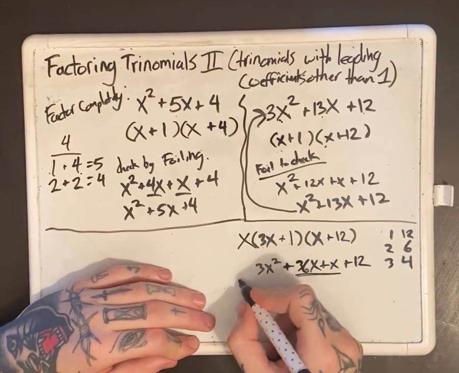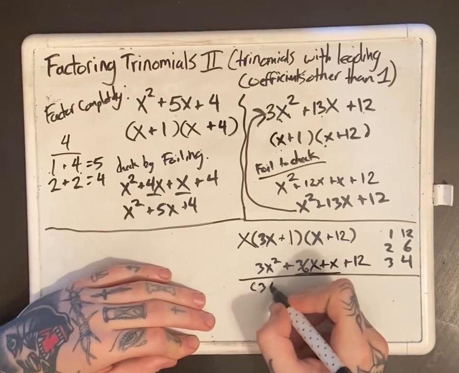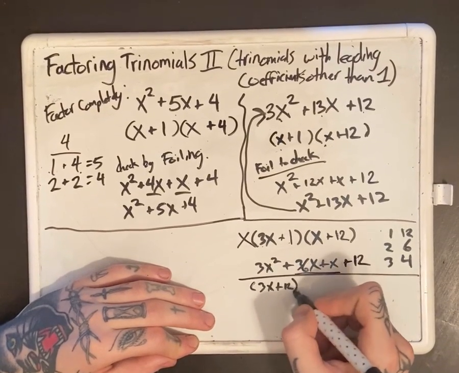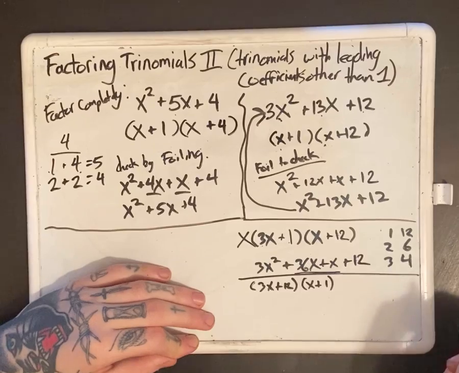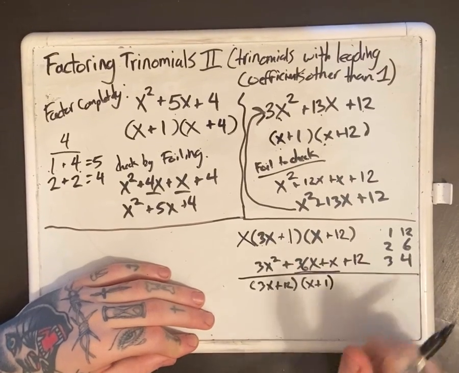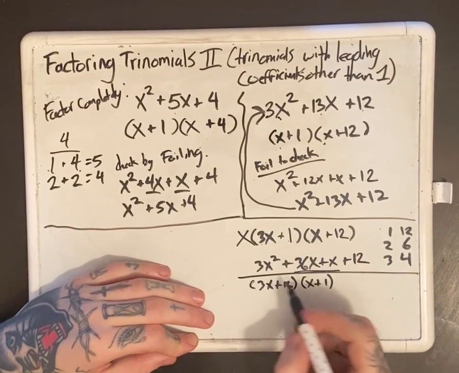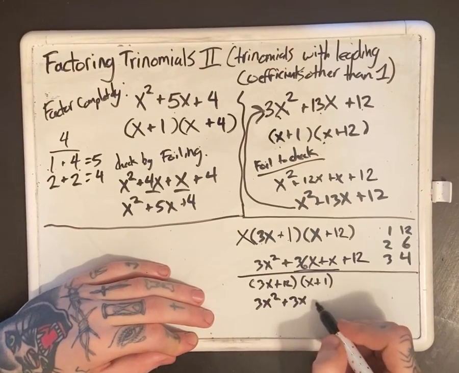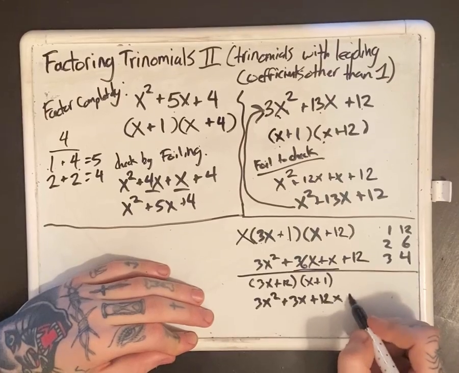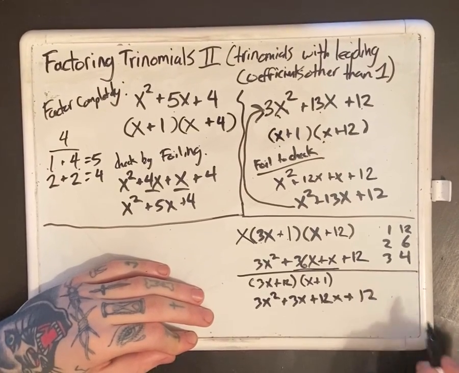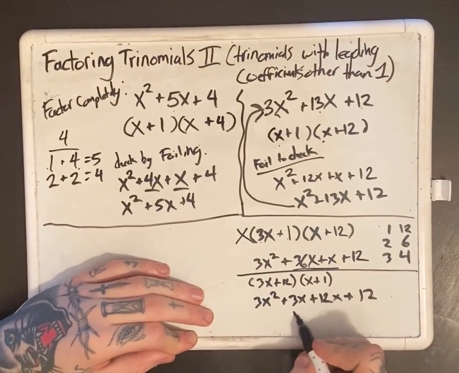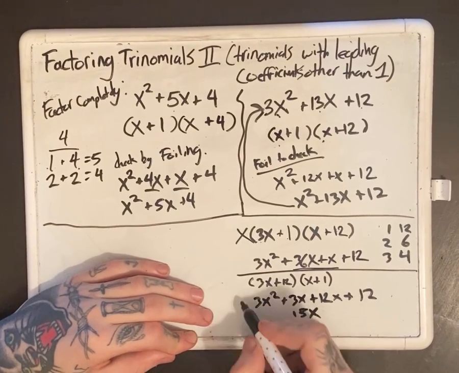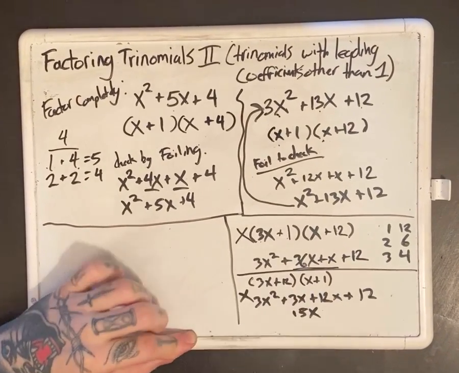Now let's try 3x plus 12 times x plus 1, because we can reverse those numbers. So 3x times x is 3x squared. 3x times 1 is 3x plus 12x plus 12. So this gives us 15x, so it's close, but it also doesn't work.